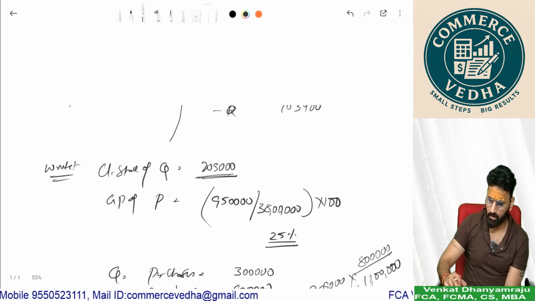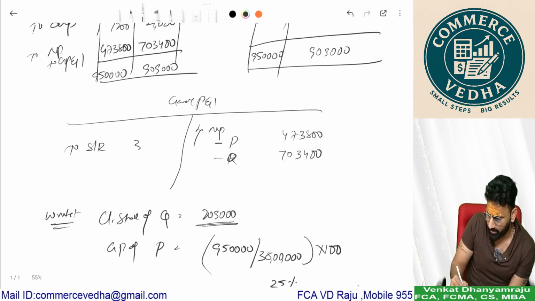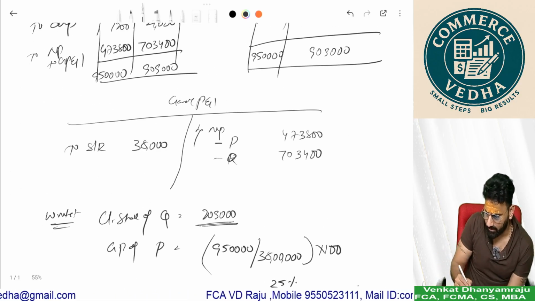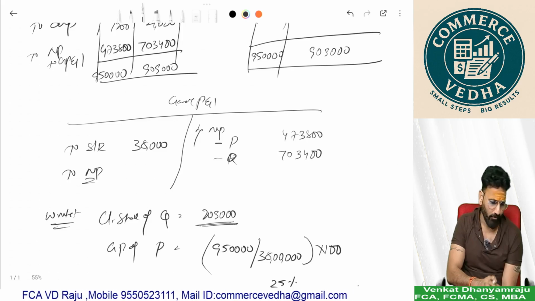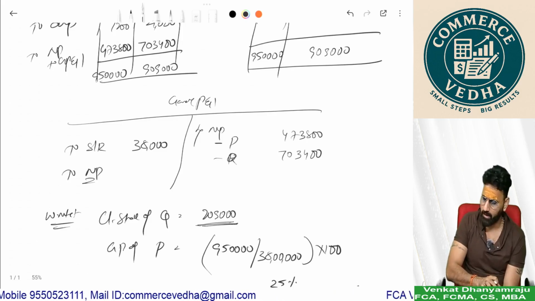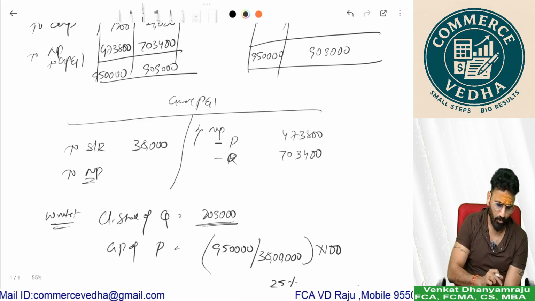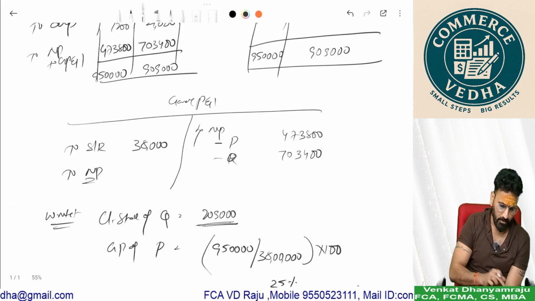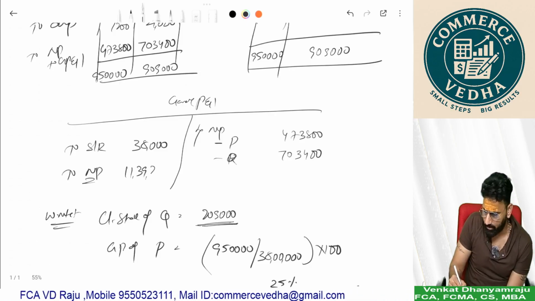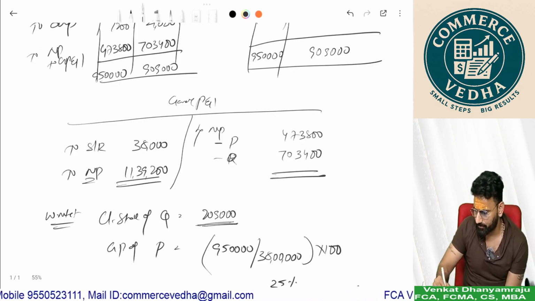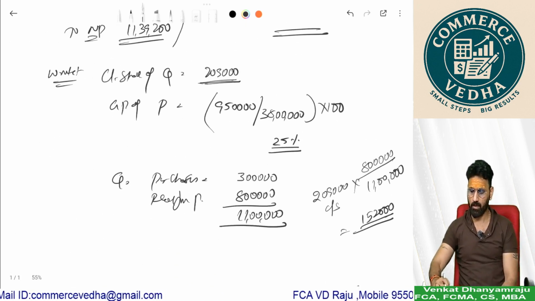So the closing stock reserve is 38,000, and the total net profit is 4,73,800 plus 7,03,400 minus 38,000, which is 11,39,200. With this, the answer is completed.